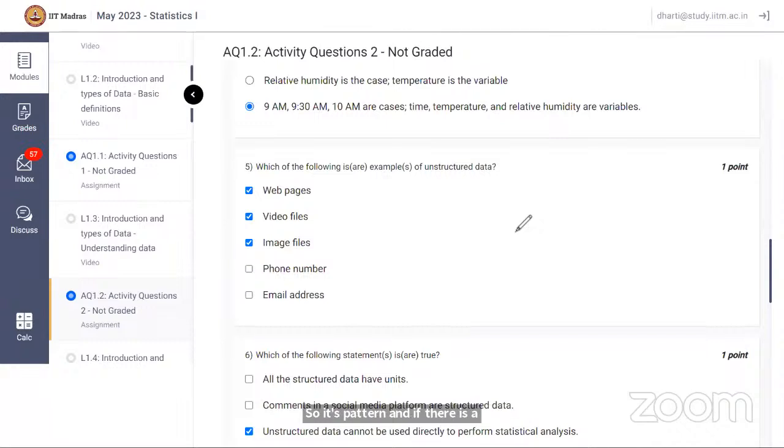So the pattern is not always structured. The pattern doesn't say the size of the image. The pattern doesn't say what the header of the JPG format is or what the header of the PNG format is, how a new bit is described and all. So pattern is not always structured.